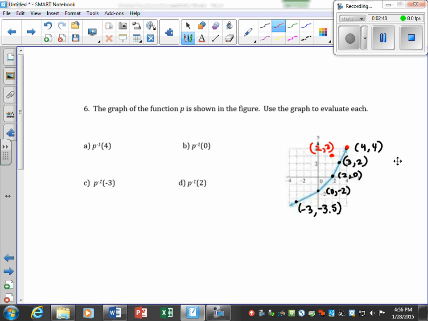The inverse of (2, 0) is (0, 2). The inverse of (0, -2) would be (-2, 0). The inverse of (-3, -3.5) would be (-3.5, -3).